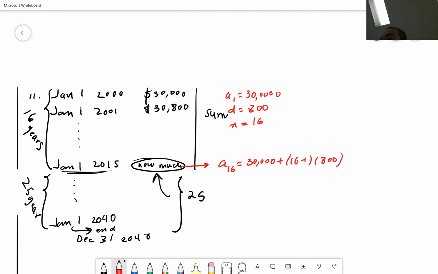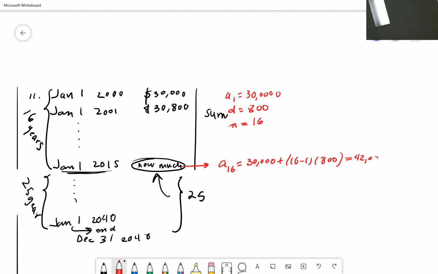So that's going to be 16 times 800. No, 16 minus 1. Let me make that prettier because I could hardly tell. It's actually 15 times 800 plus 30,000. That's 42,000 right there.